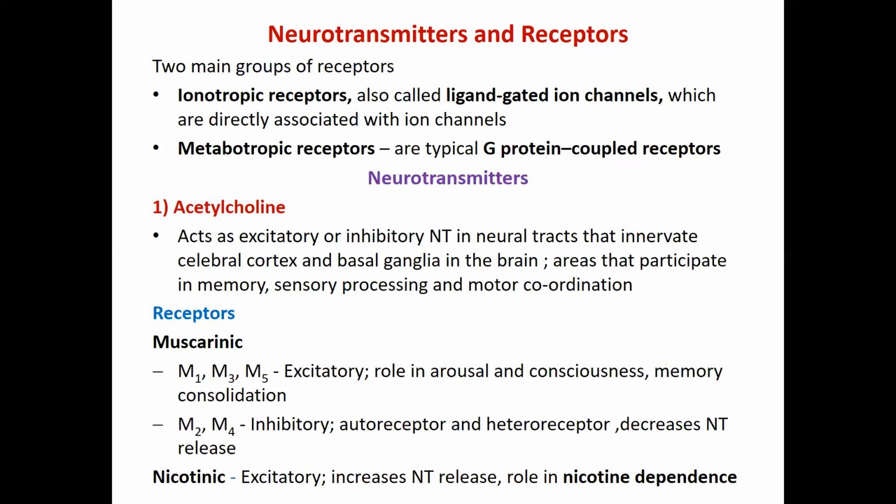So when there's opening of the ion channels, we have movement of ions, for example, sodium and potassium, and that leads to the initiation of the required response.